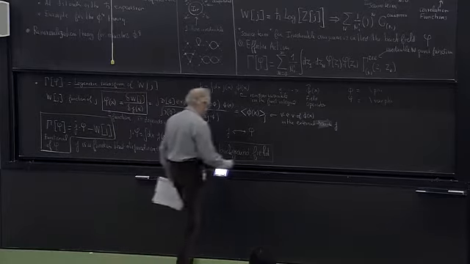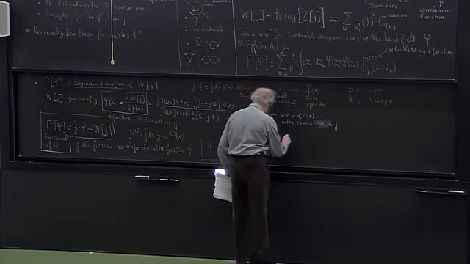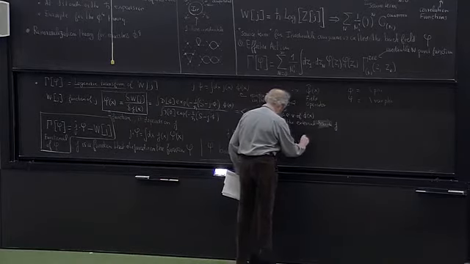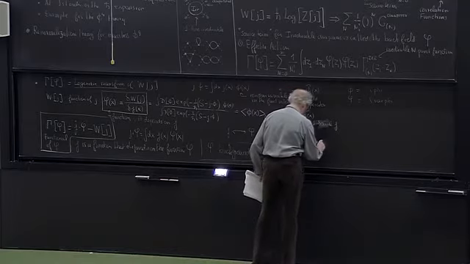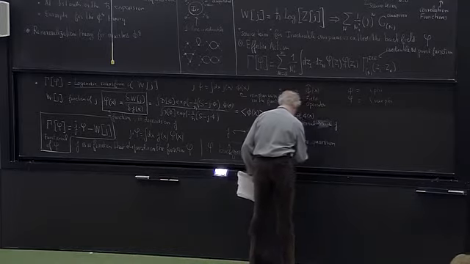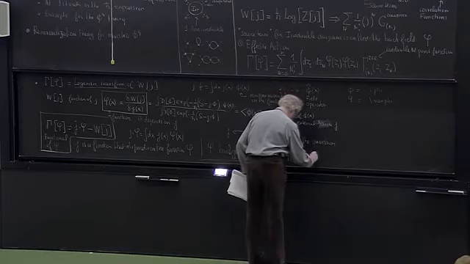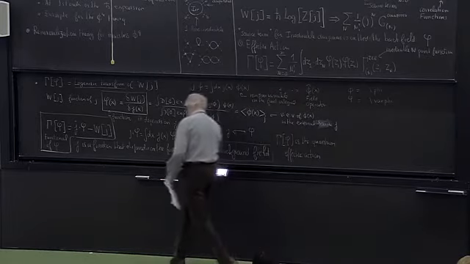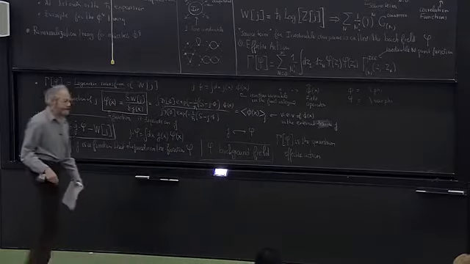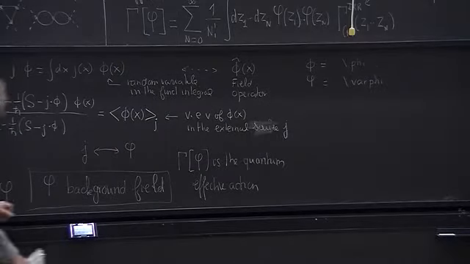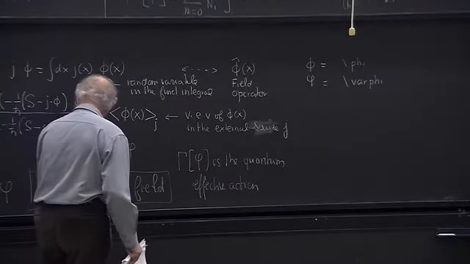So gamma, as a function of phi, is the quantum effective action. Okay? So that's an abstract definition, but it's a very general definition.